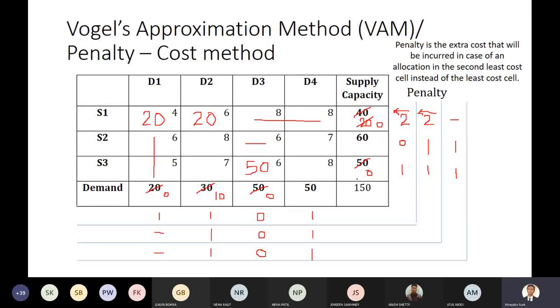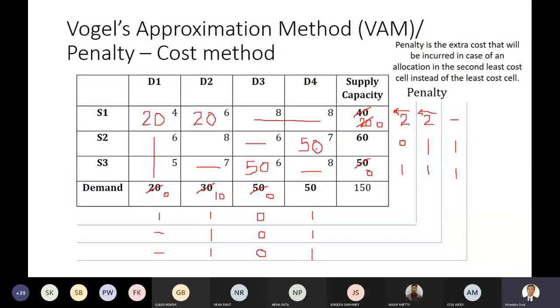Actually, यहाँ पर, since it has exhausted, so there will not be any further allocation coming in these cells. So now we are left out with only just one row, two cells. Okay. And यहाँ पर इस कॉलम में देखेंगे तो एक ही सेल बचा हुआ है. 50 का एलोकेशन आएगा. So you are left out with no choice. So even if you don't calculate penalty now, it's okay.